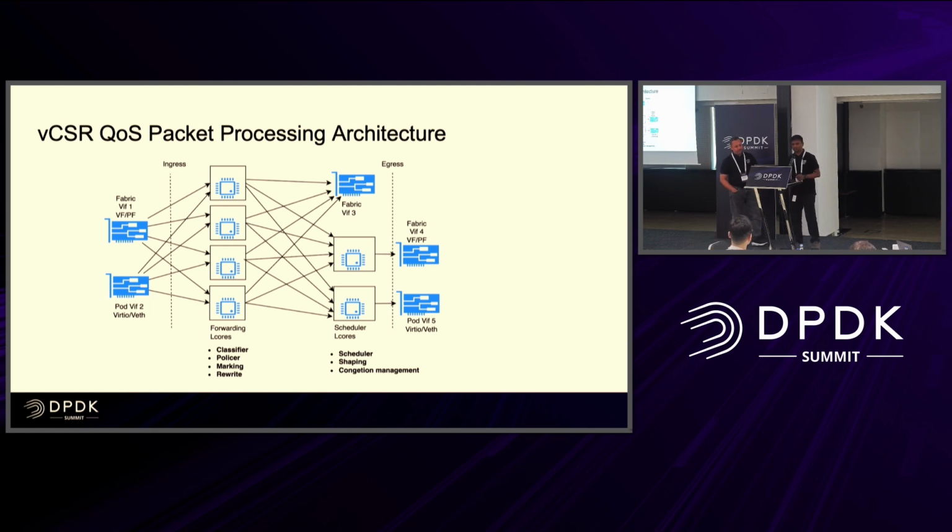If I get the question correctly, you're asking how you scale this, given that CPUs are more now, and tomorrow if you want to support higher bandwidths and throughputs. One type of scale which we've implemented here is we are tying one scheduler L core to one NIC. If you have multiple NICs, let's say 4 or 5, this might not be the same VCSR use case, but for some other use case, because we have more CPUs, we can associate each CPU to one NIC, and the entire CPU is dedicated to the scheduling functionality.